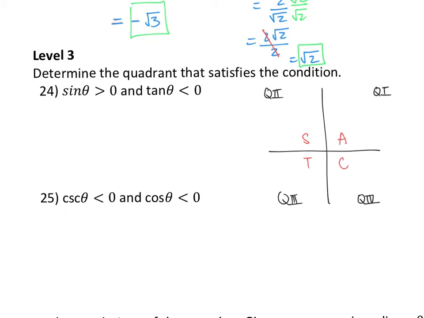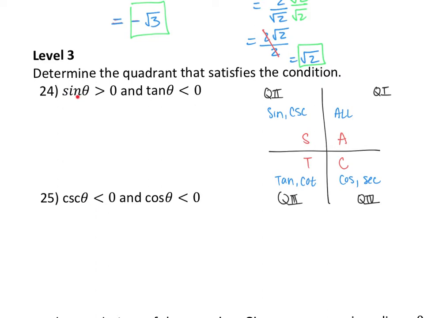But just as a reminder, the A stands for all, the S stands for sine and its reciprocal cosecant, the T stands for tangent and its reciprocal cotangent, and C stands for cosine and its reciprocal secant. So this might be helpful when you're working out these problems.